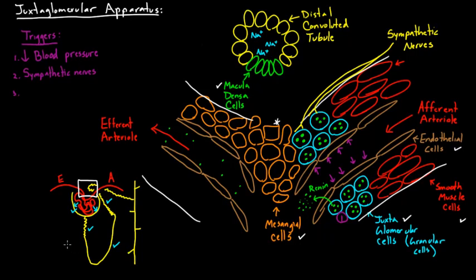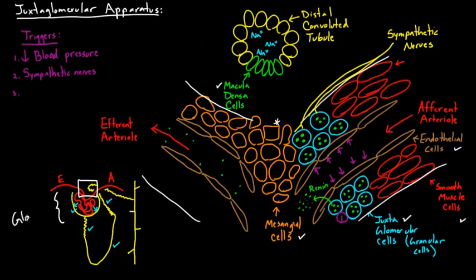And that could be a reflection of low blood pressure. So when the macula densa cells sense low sodium levels, really what they're sensing is low pressure in that glomerulus. Remember, this is our glomerulus right here.